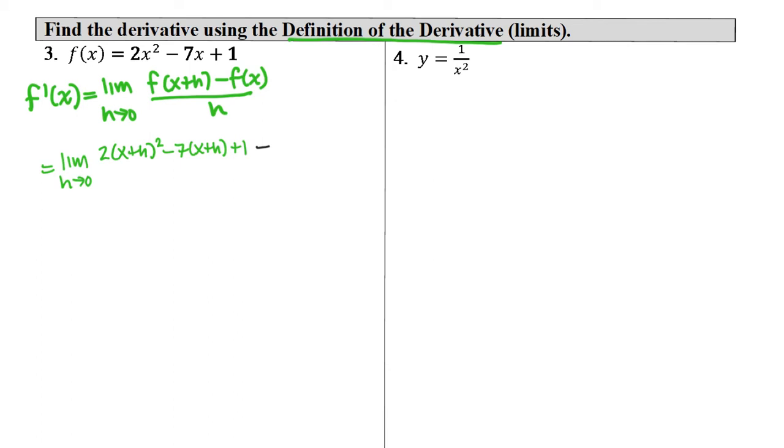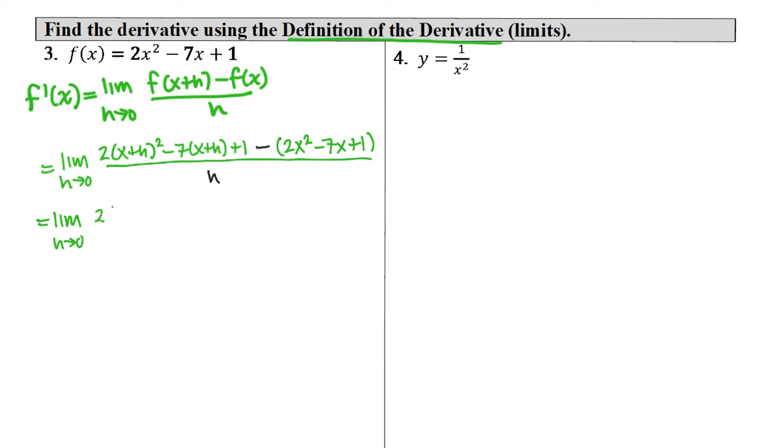I'm going to put it in parentheses so I don't forget that I am in fact subtracting. And then the entire thing is over h. Now I'm going to go ahead and simplify this. I am going to keep writing the limit as h approaches 0 until I plug in 0. I'm not going to plug in 0 yet, because right now if I plug in 0, I'm going to get 0 over 0.